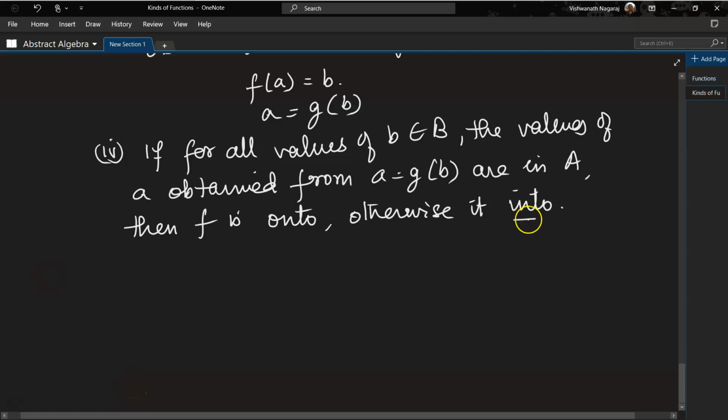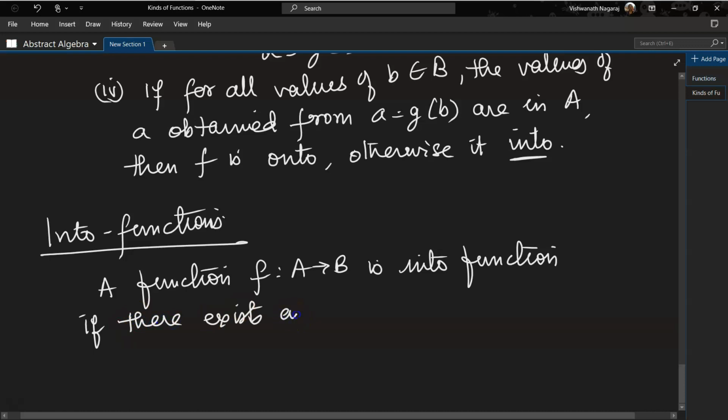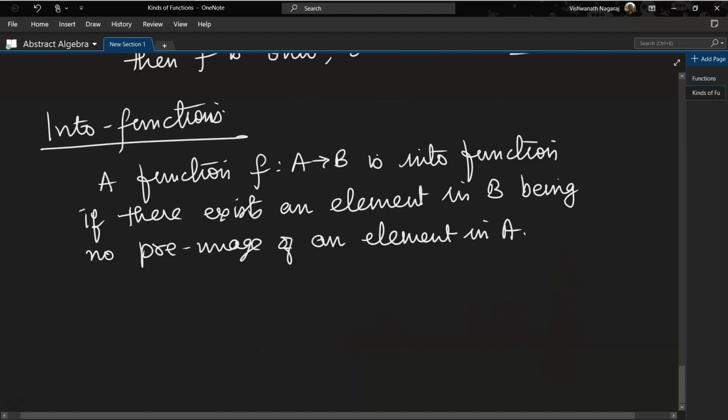Now, let's look at into functions. A function f from A to B is an into function if there exists an element in B having no pre-image in A. So basically what you have is a situation like this, and this maps to this, maps to this, maps to this.